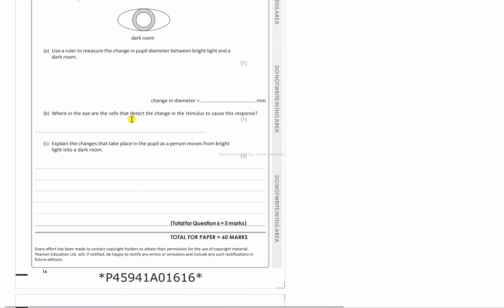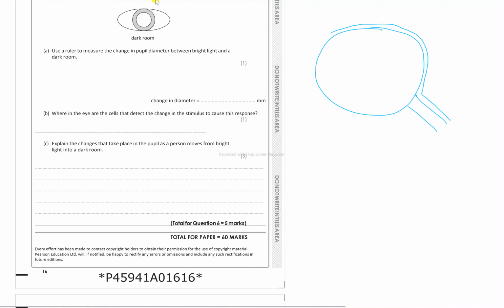Where in the eye are cells that detect the change in the stimulus to cause this response? Right. So the retina is at the back of your eye. So you've got the eye. That's the optic nerve. You have the outer layer called the sclera.